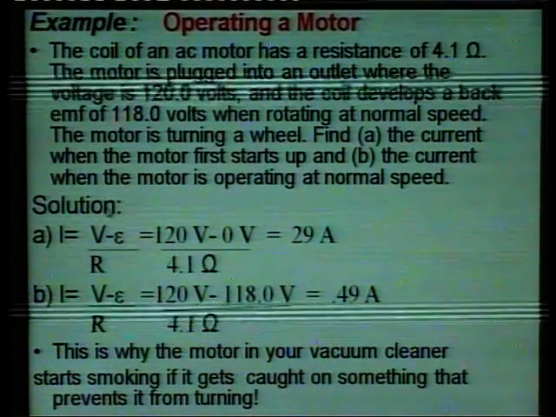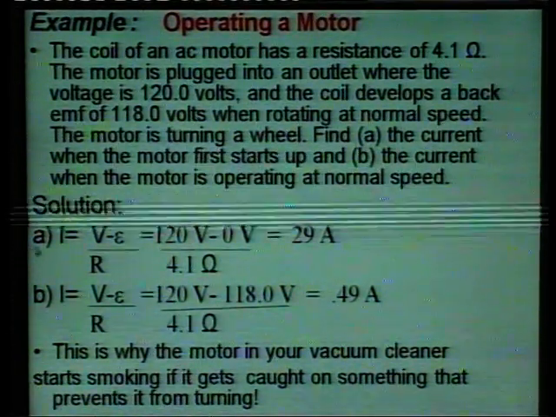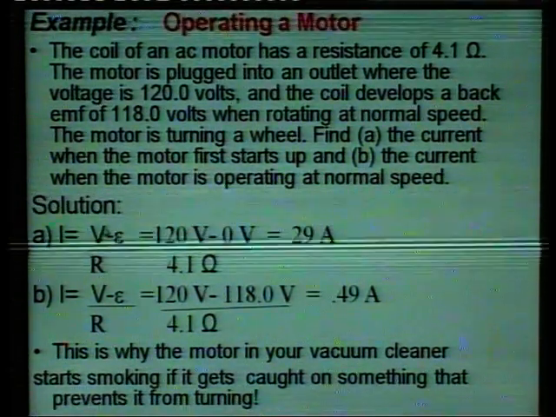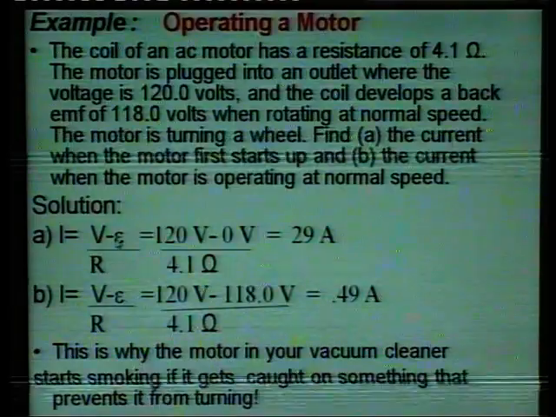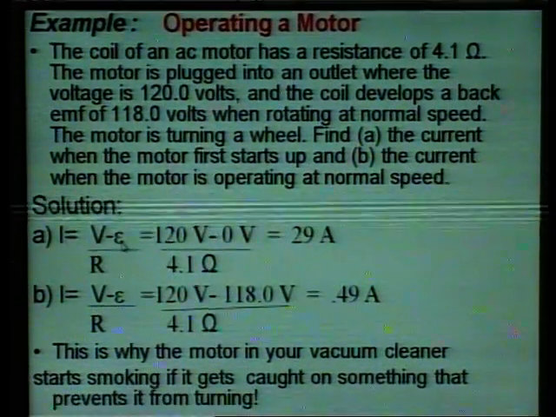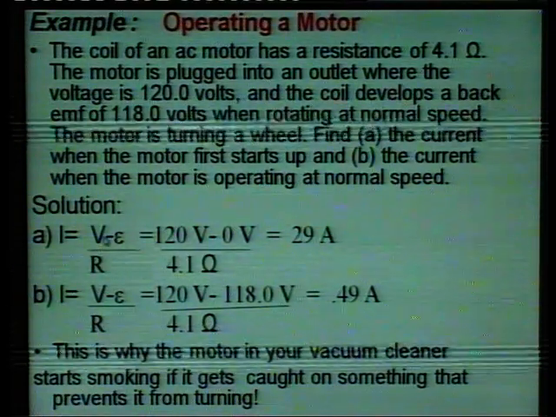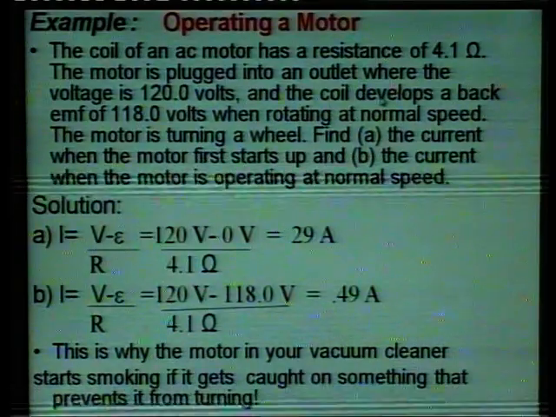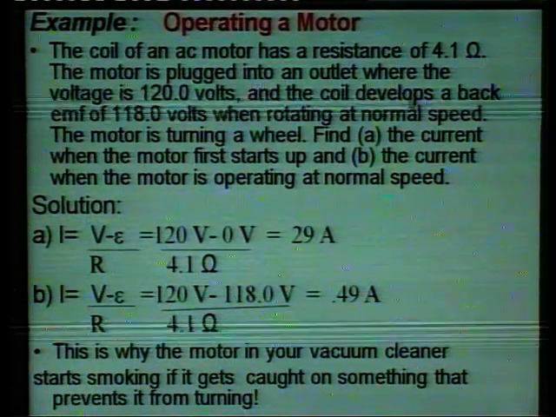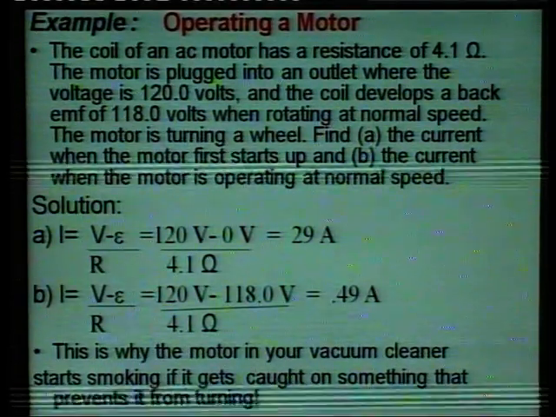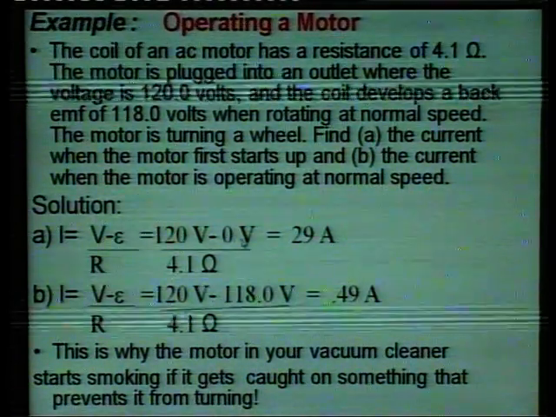The solution is: for A, first, I is given as (V minus E) upon R. V is potential, E is the EMF developed, and R is your resistance. Substituting these values, the voltage given was 120 volts. When the motor starts, no back EMF is developed, so at the initial point the back EMF is 0.